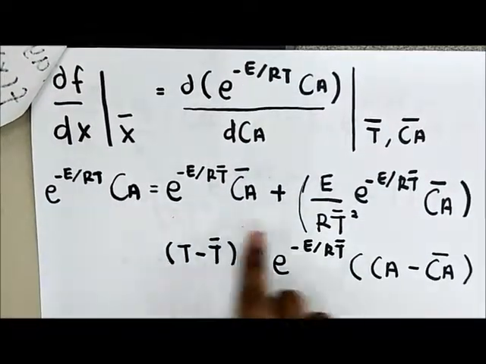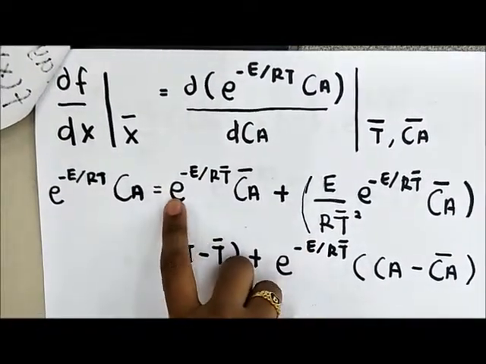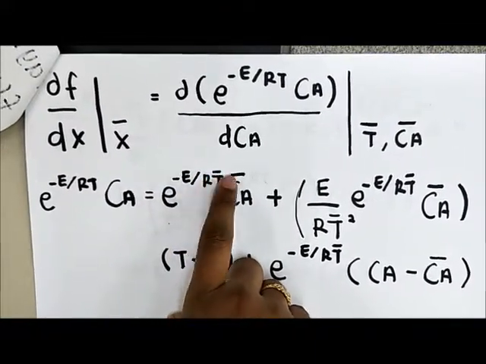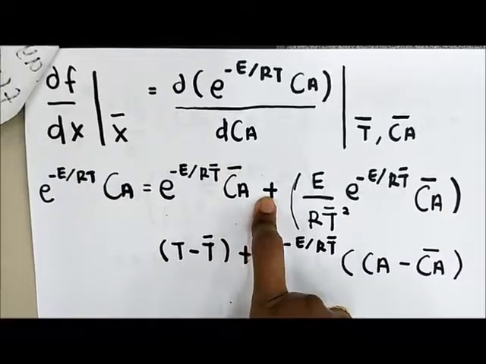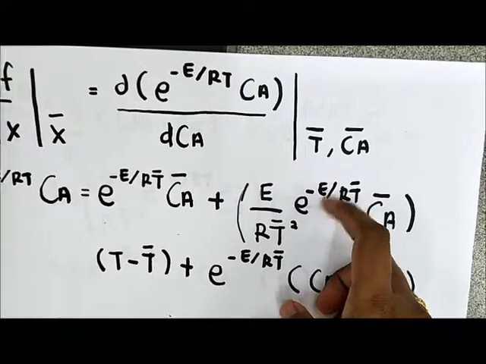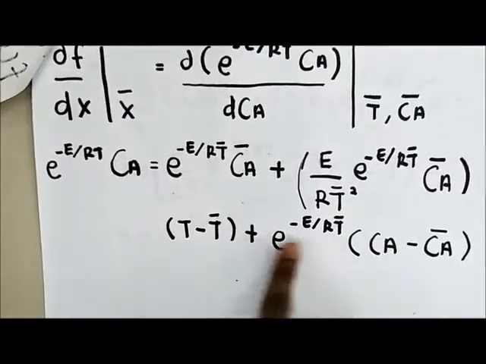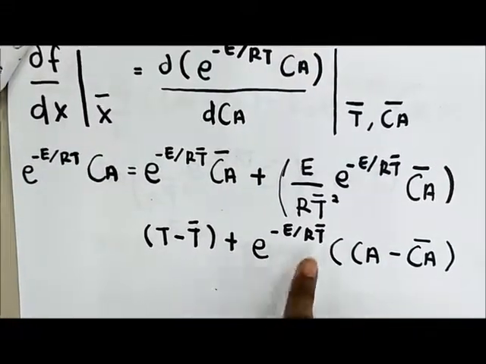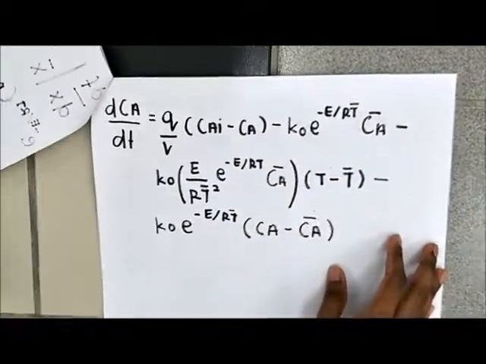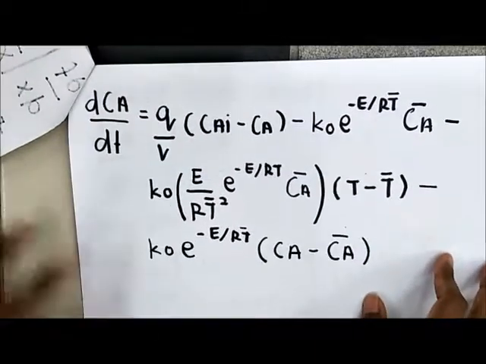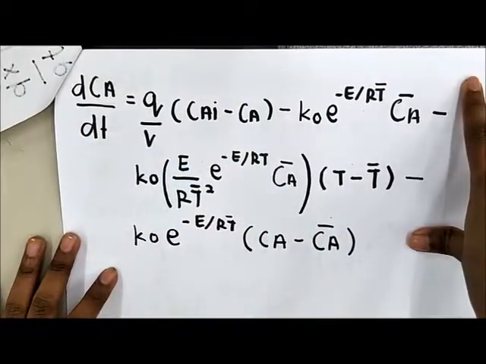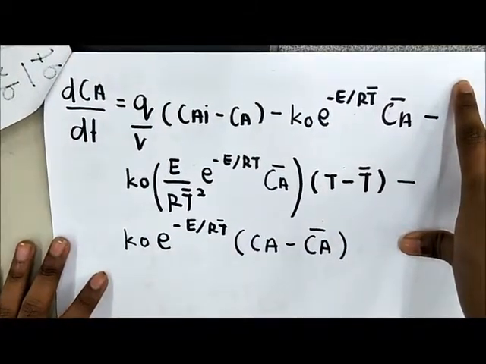So finally we'll end up with e to the power of negative E over R T bar, CA bar, plus the differential in terms of T, and the differential in terms of CA. Next, this is the dynamic model of this question.